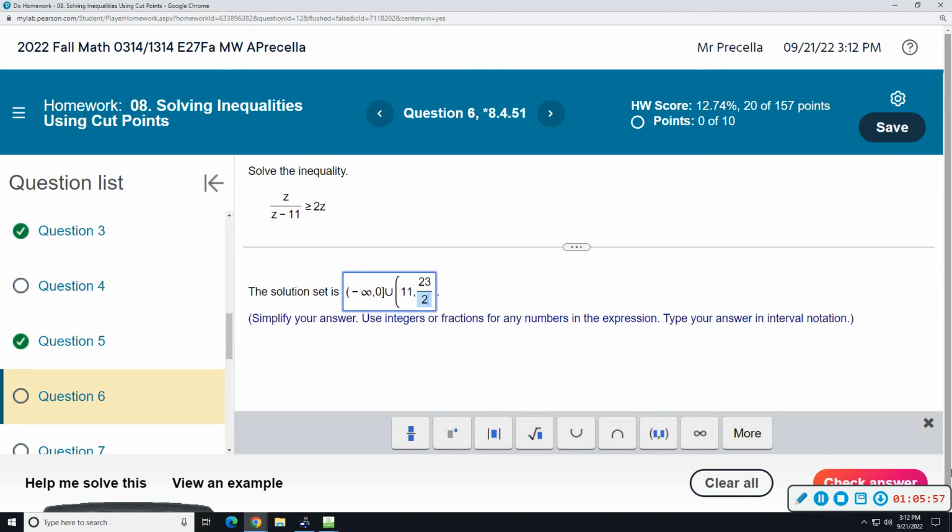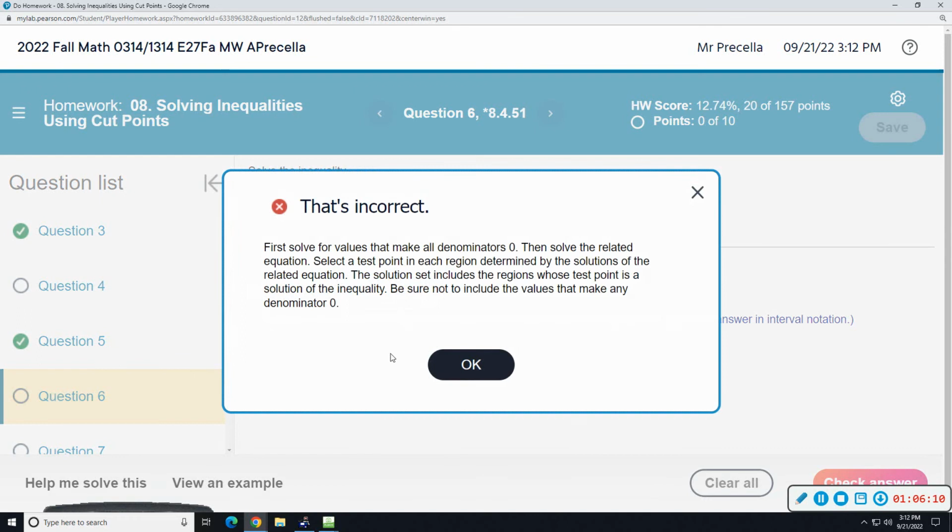I want to illustrate a mistake. If I put that bracket right there, it shouldn't be down there in the bottom of the fraction, should it? It's going to say, okay, wrong. And then they sort of talk you through here. They say first find the values that make the denominator 0.